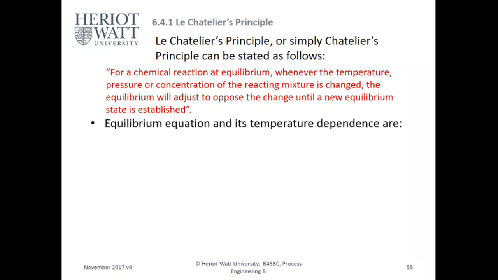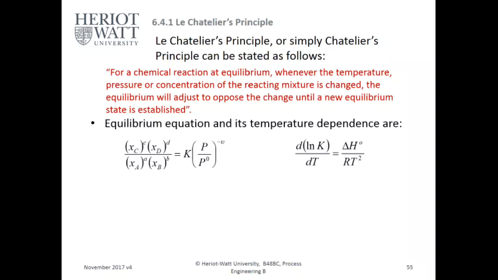The equilibrium equation and its temperature dependence are: Xc to the power c multiplied by Xd to the power d, over Xa to the power a times Xb to the power b, equals Kp over P0 to the power negative ν, and d log of K over dT equals delta H over RT squared.